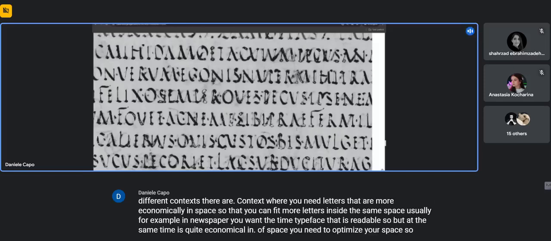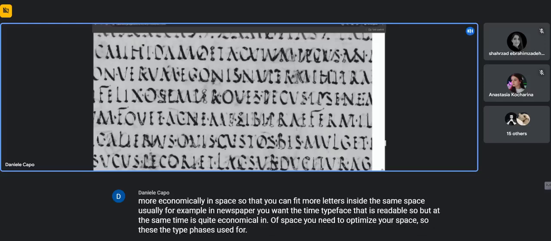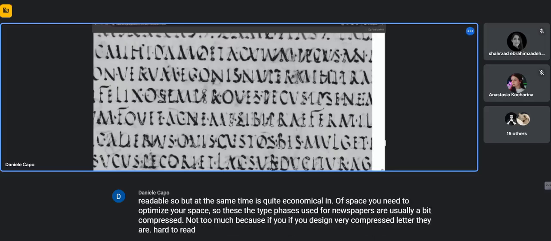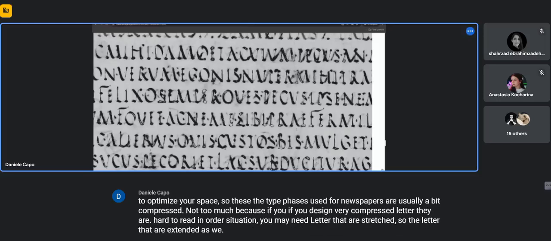So the typefaces used for newspapers are usually a bit compressed. Not too much, because if you design very compressed letters, they are hard to read. In other situations, you may need letters that are stretched, so letters that are extended or expanded, as we see today.